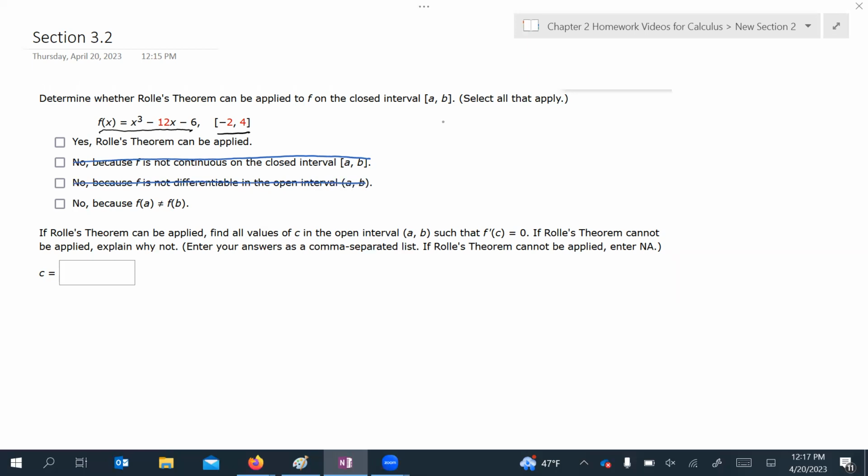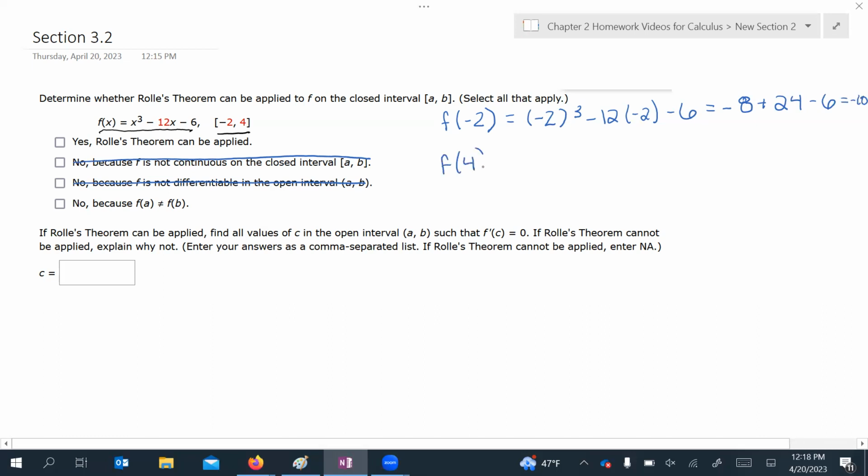So the last criteria is we need to consider what is f of a and f of b. In our case, a is -2 and b is 4. If I plug in -2 into my function, I get -8 plus 24 minus 6, which is going to give me -10.